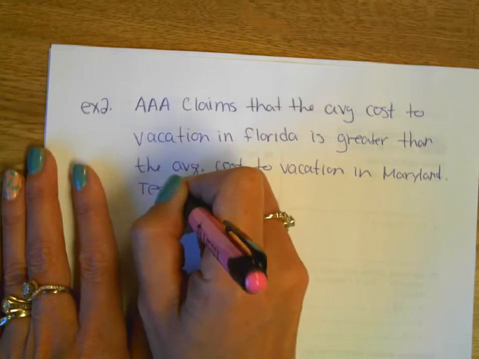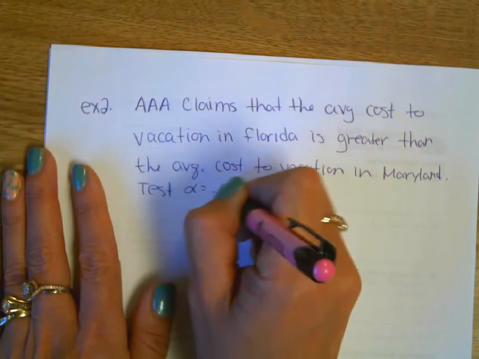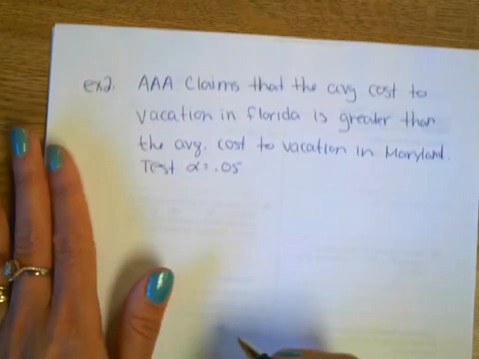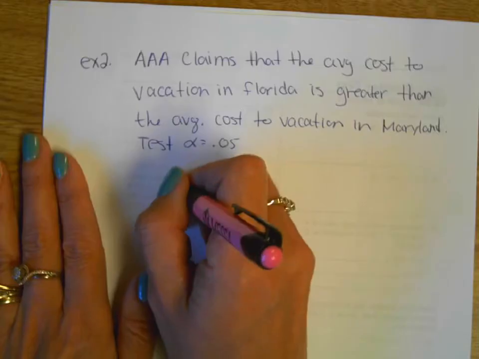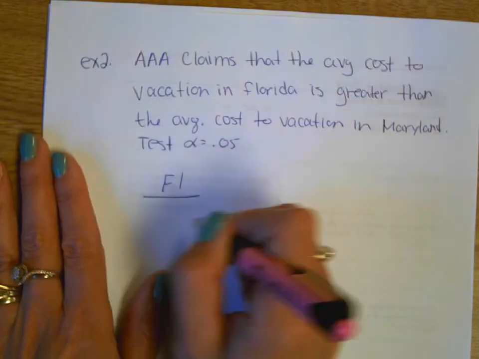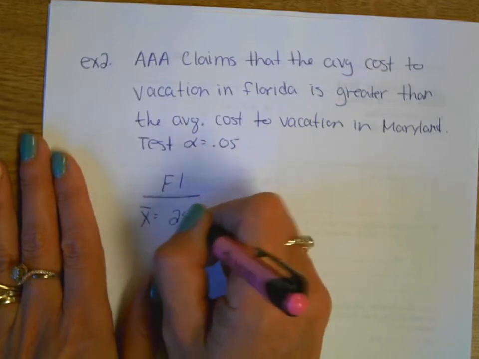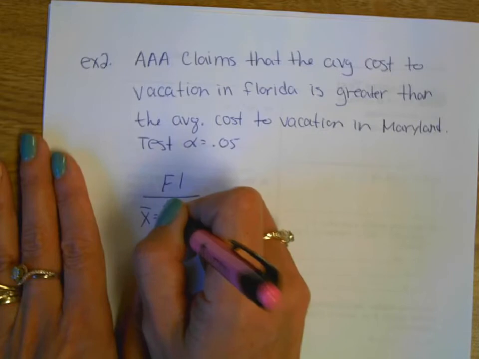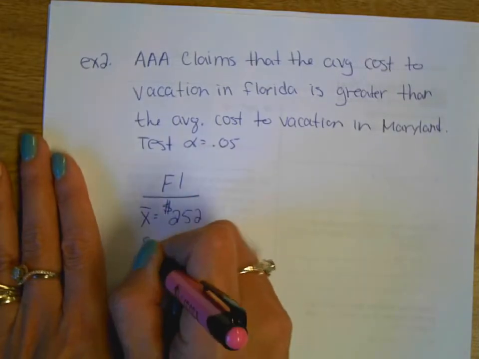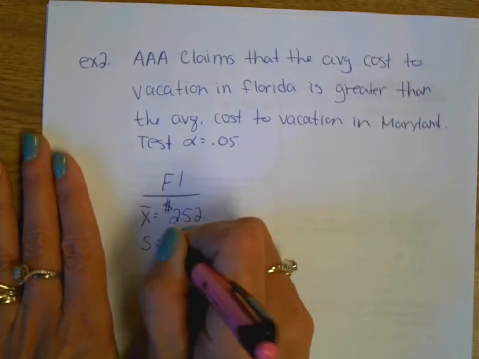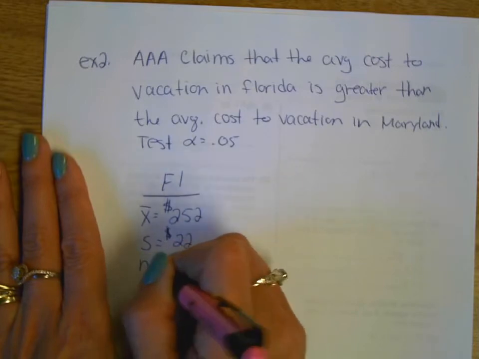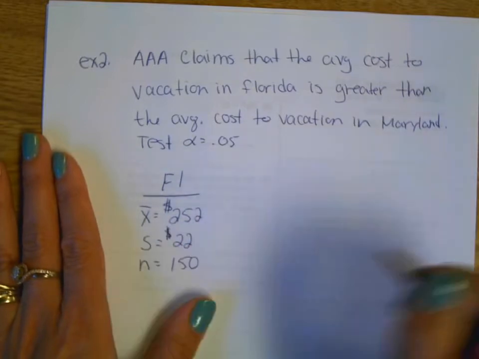We're going to test this at 5%, and here's our sample data. Florida, the average cost, $252. I believe this is per night. Standard deviation, 22. Sample size was 150. Large sample.